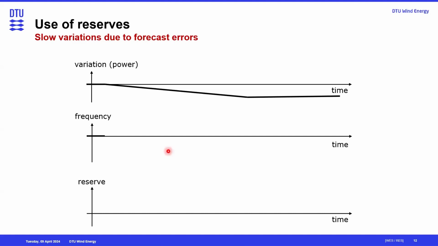Yeah, so as you see, there is a slow variation due to forecast error here. That means the frequency would not be going that much down to activate the frequency containment reserve.